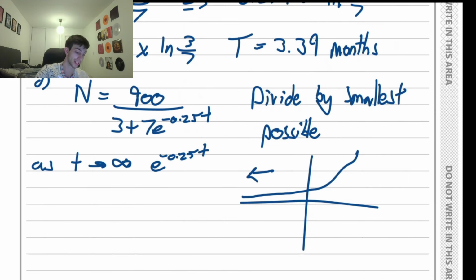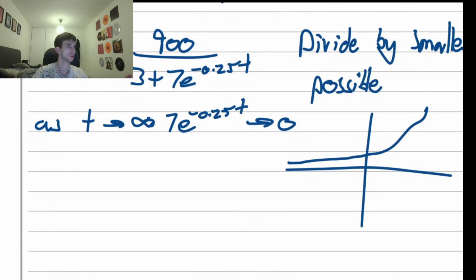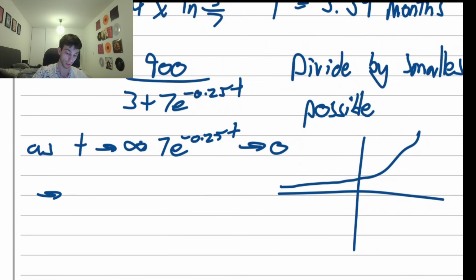Looking at the graph, this means e to the power of this really negative number will tend towards 0. So as t tends to infinity, e to the minus 0.25t does indeed tend to 0. 7 times e to the minus 0.25t, something that tends towards 0 times 7, still tends towards 0. So this means we tend towards 900 over 3, which is equal to 300.